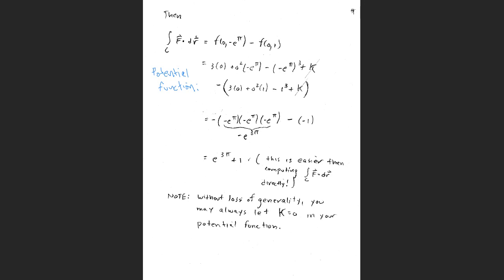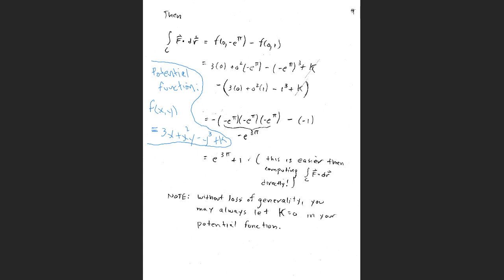So the potential function is f of x, y equals 3x plus x squared y minus y cubed plus k. I put that there for reference.